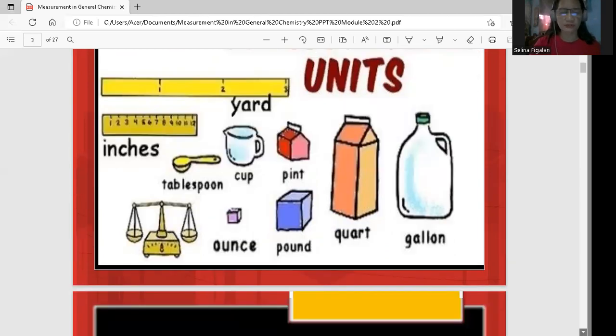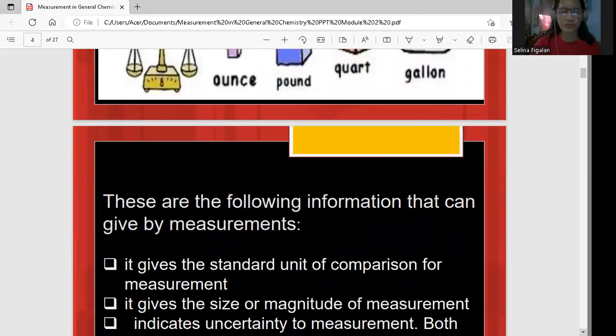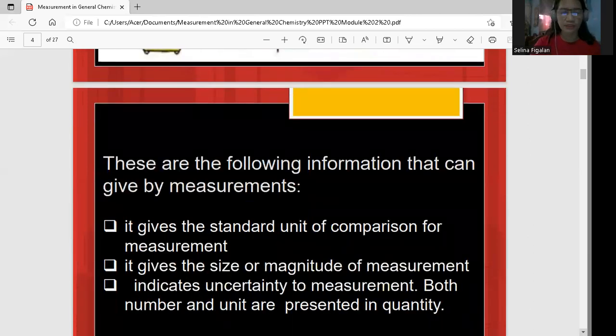The measurement is necessary in our daily lives. Okay, so let's start with the information that we can gain from measurement. Number 1, it gives a standard unit of comparison. For example, when you are practicing cooking, when you are baking, you cannot do it perfectly at first.